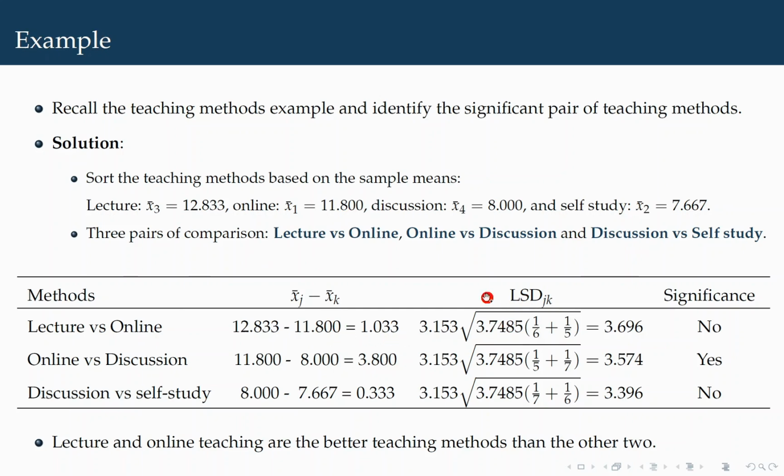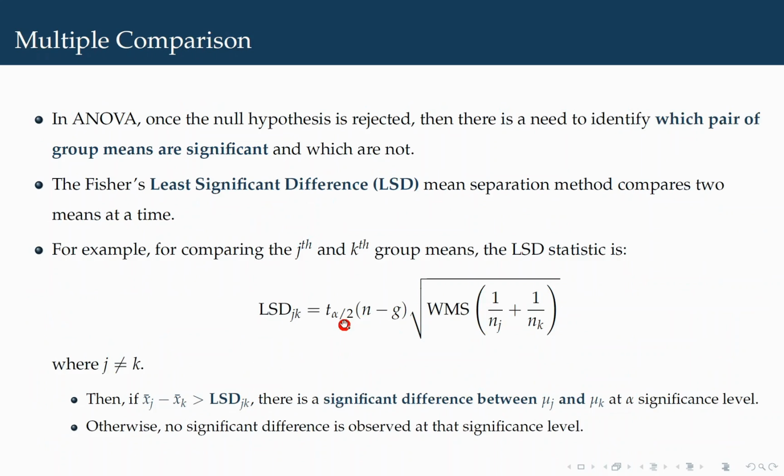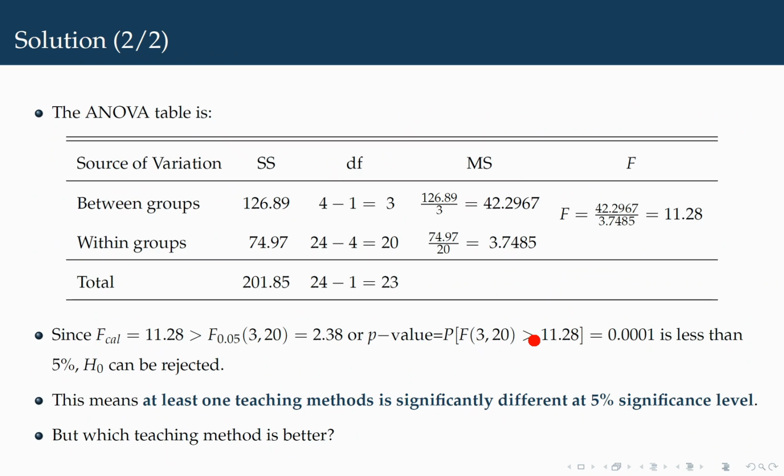The LSD test statistic is t alpha over 2 with n minus g degrees of freedom, root of the within mean square, times 1 over the number of observations of the first group plus 1 over the number of observations of the second group. The within mean square we have already obtained, 3.7485.